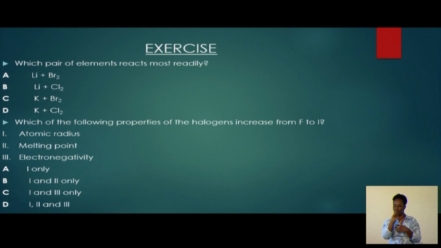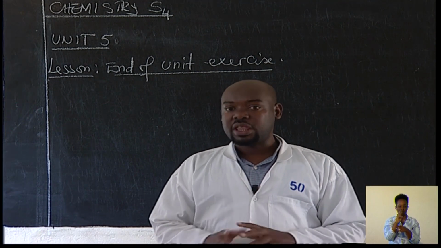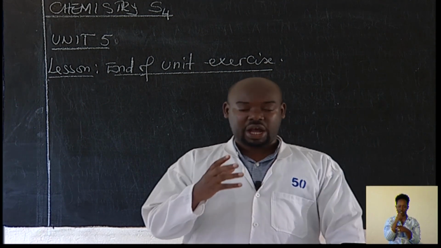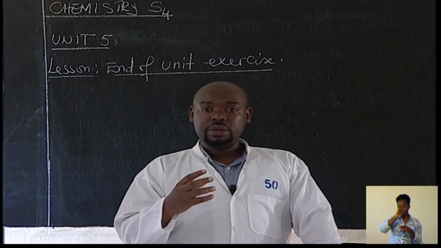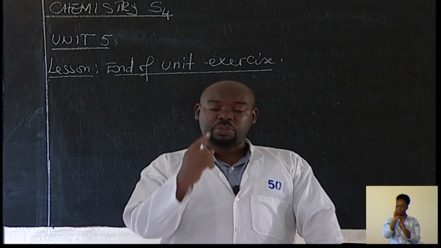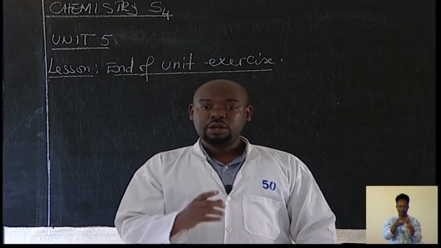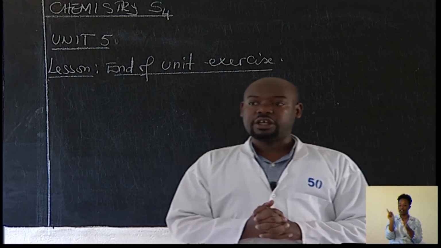So I hope you're done. Now let us analyze the question. When studying the reactivity of elements, we should always remember that metals react by losing and non-metals react by gaining.